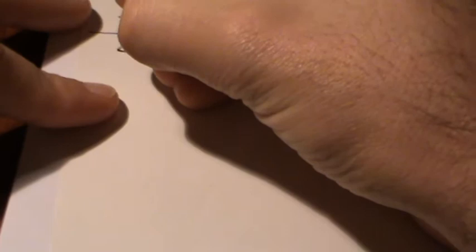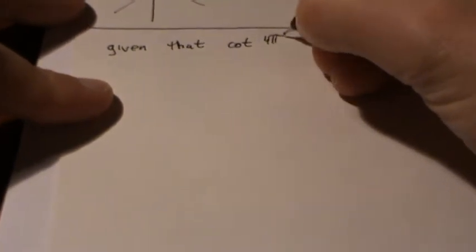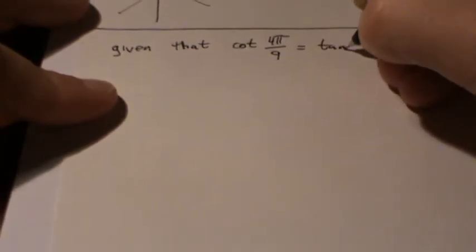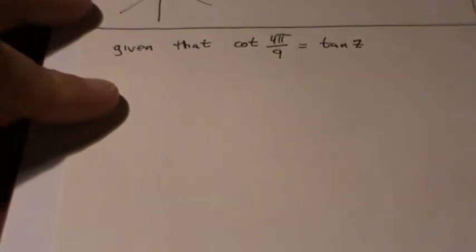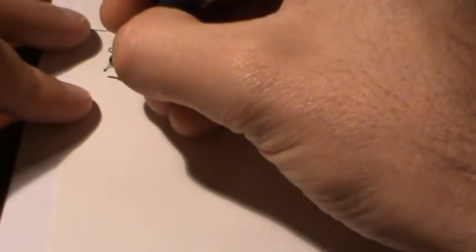Okay, so let's say, given that cotangent of 4 pi over 9 is equal to tangent of z, find angle z.